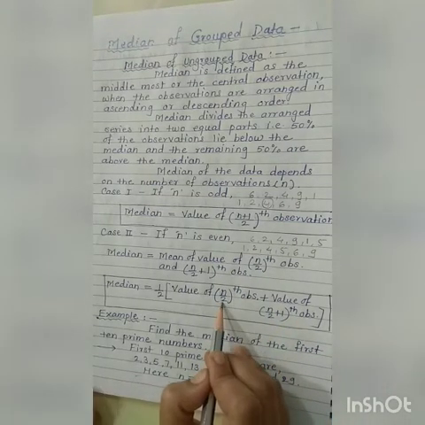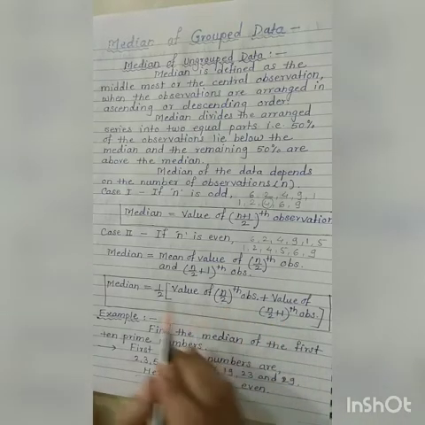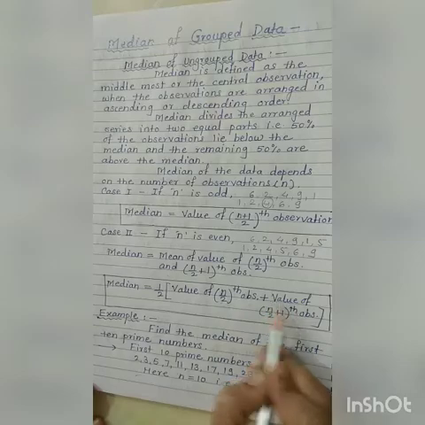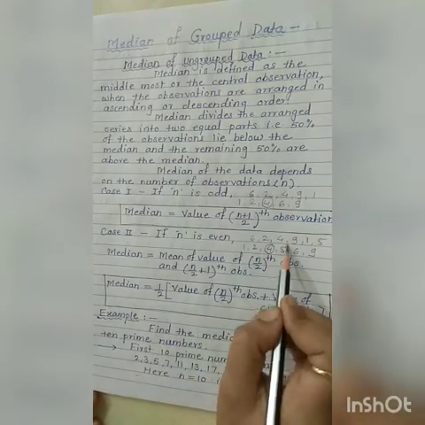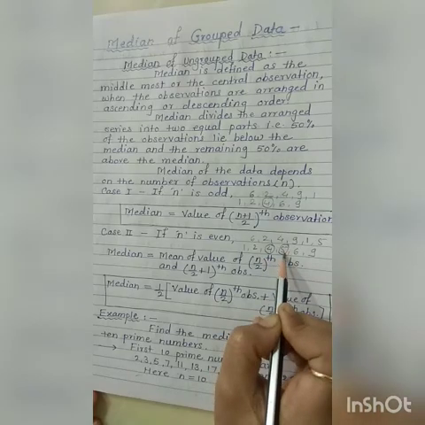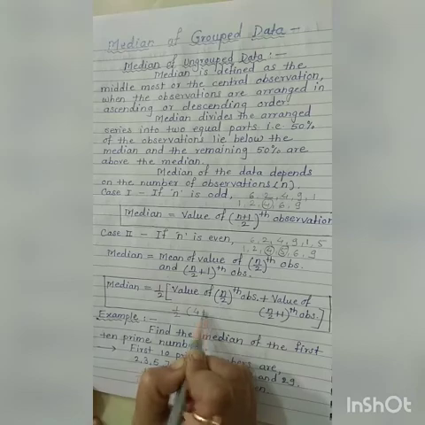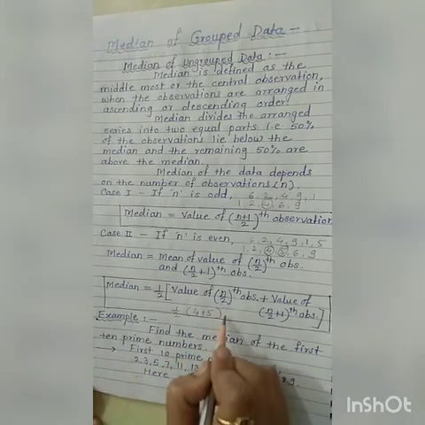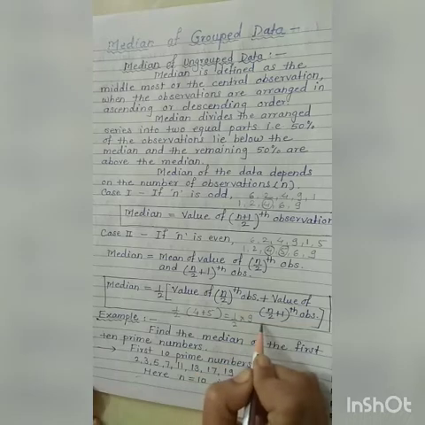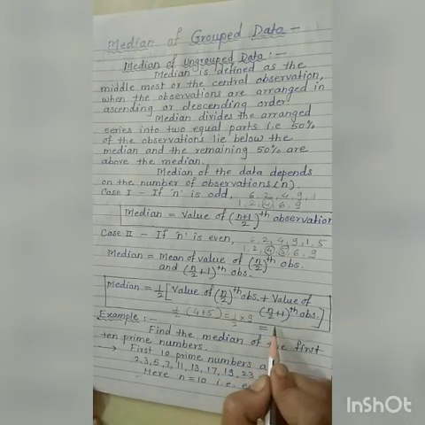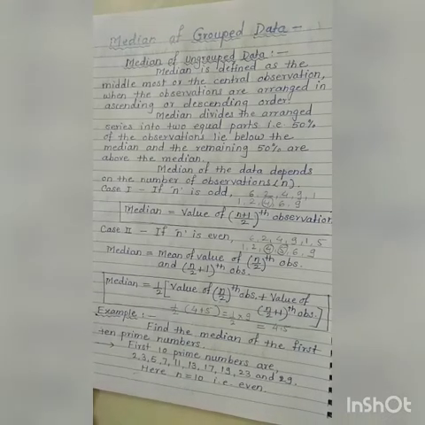Now 6 upon 2 is 3 and 3 plus 1 is 4. So value of third plus value of 4th observation. Now here third and 4th observations are 4 and 5. So half into bracket 4 plus 5, that is equal to half into 9, that is equal to 4.5 is the median of the given data.